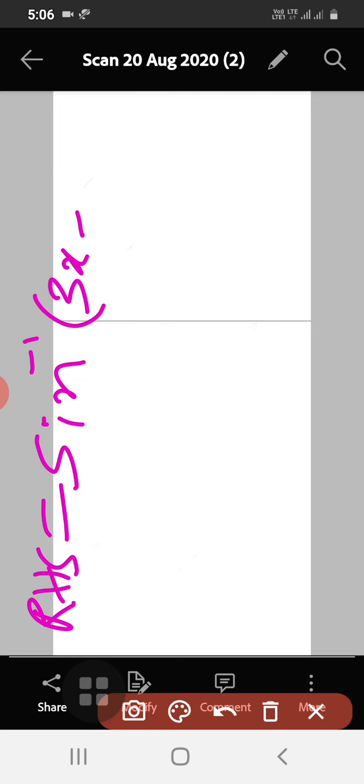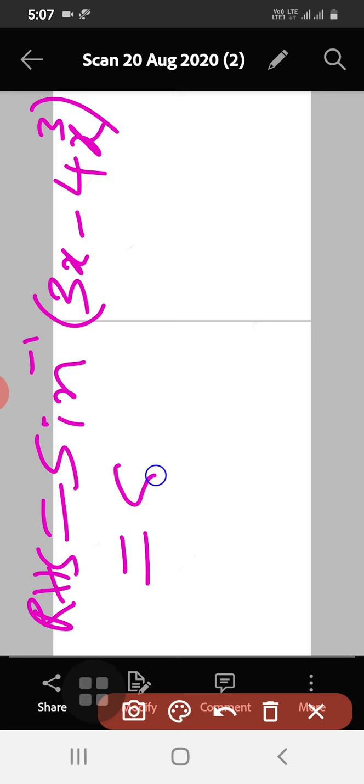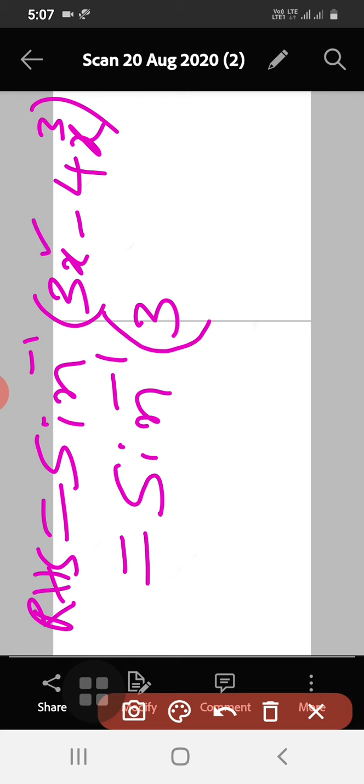So what is the right hand side here? The right hand side is sin inverse of 3x minus 4x cube. Here I can replace; this is very simple. 3, and what is x?